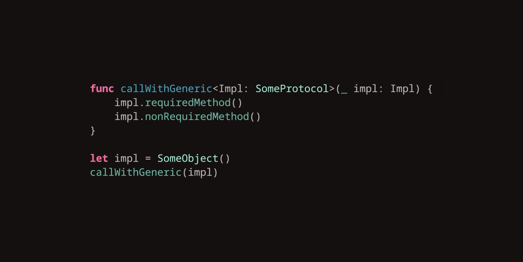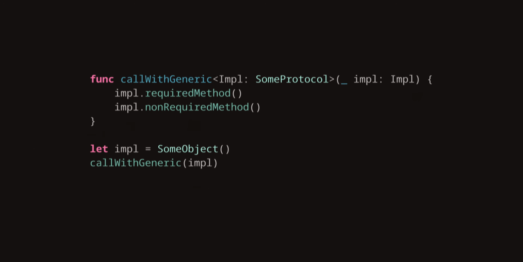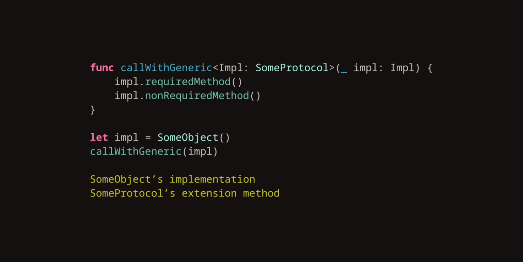Since I'm using a struct, which guarantees static dispatch for the implementation and improves the chances of generic monomorphization, you might expect to have the implementation's methods called in both cases. But that's not what happens. Just like in the previous scenario, you get the required method from the struct, but the non-required method from the protocol. Confusing, right? This behavior can be explained though, at least to some degree.